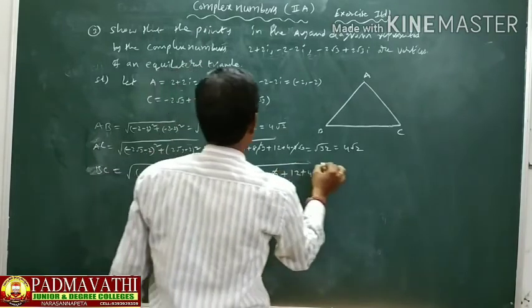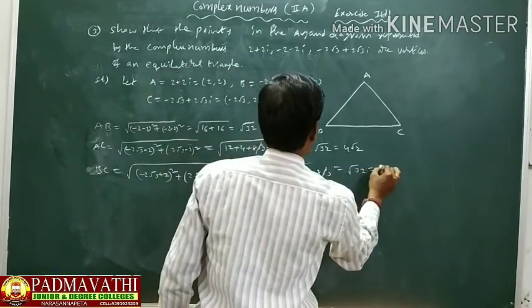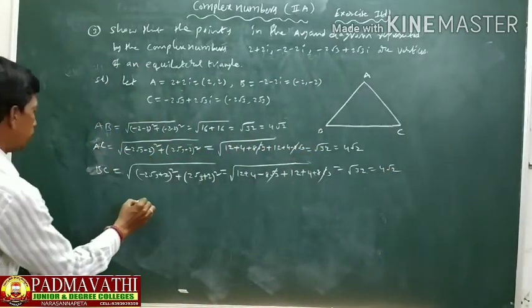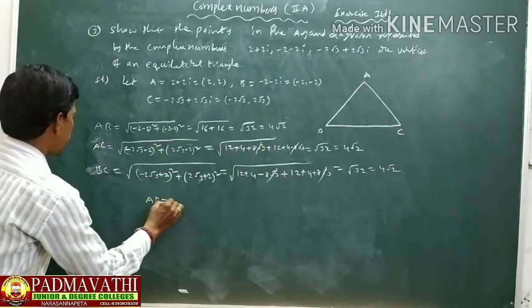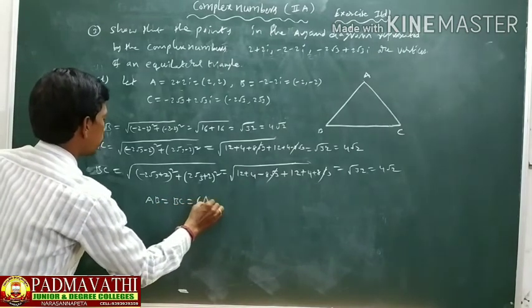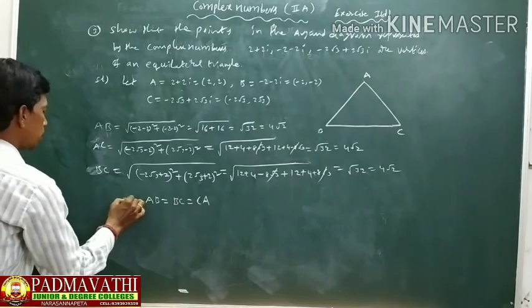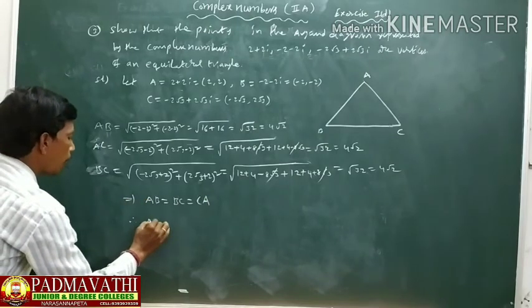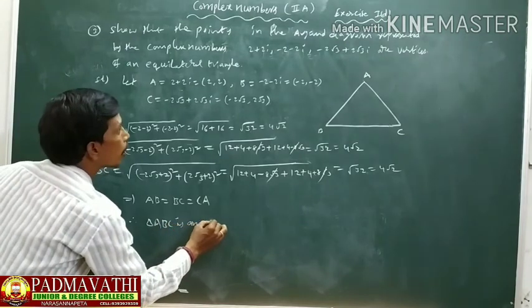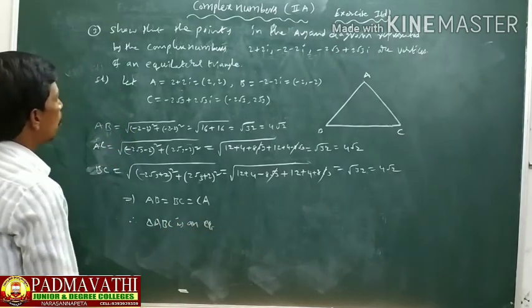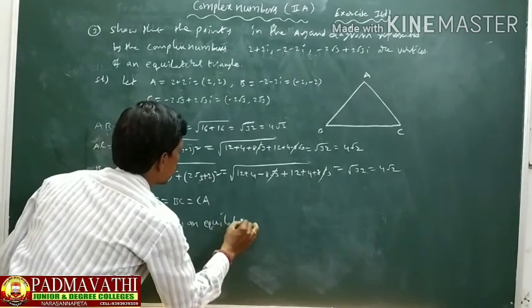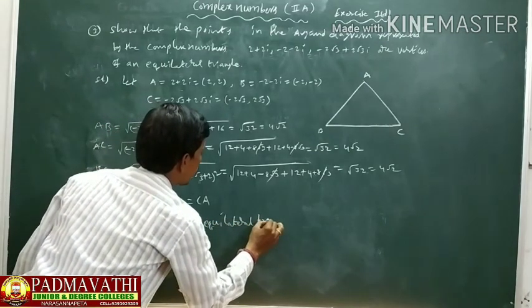These cancel, so it equals root 32, that is also 4 root 2. So all sides are equal: AB equals BC equals CA. Therefore the triangle ABC is an equilateral triangle.